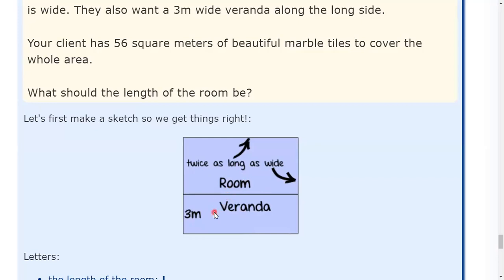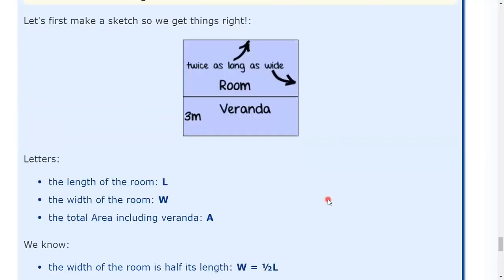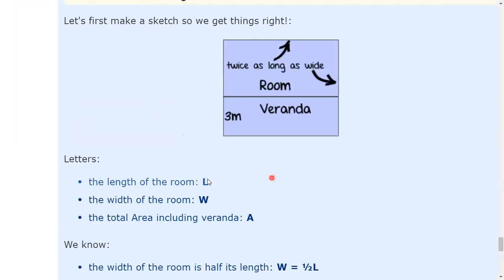Dimensions are clear from here. Very briefly, for the solution, the length of the room is this one, the width of the room is W, and the total area including the veranda is A.